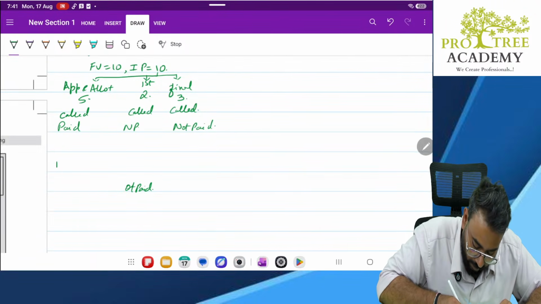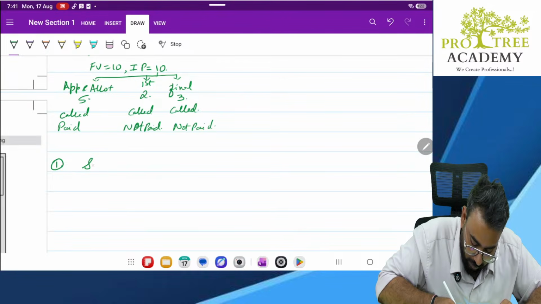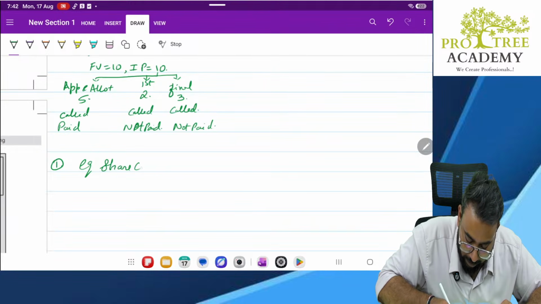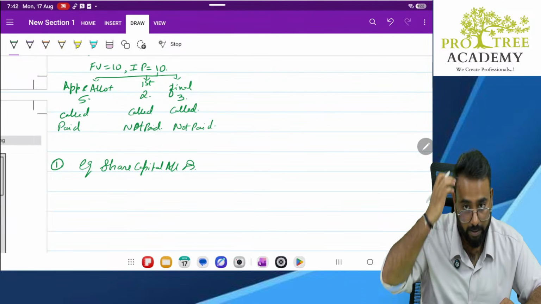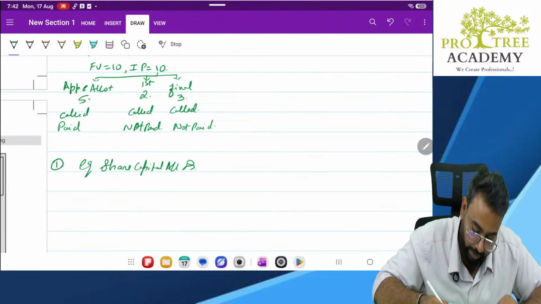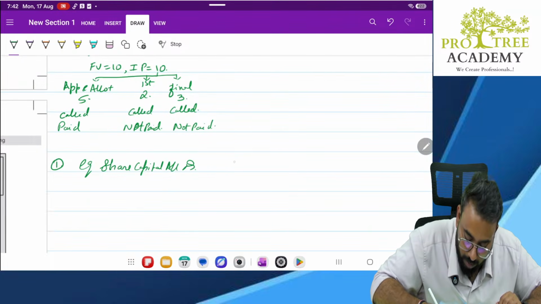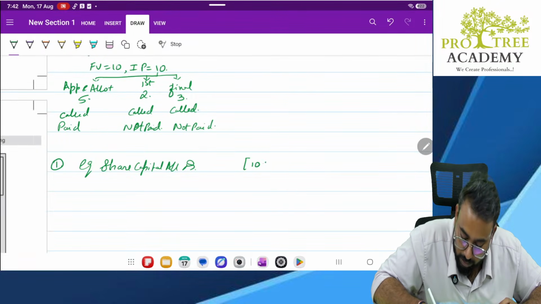Simple. Equity share capital account debit. How much is called? Entire 10 is called. So 10 into 10,000 shares.